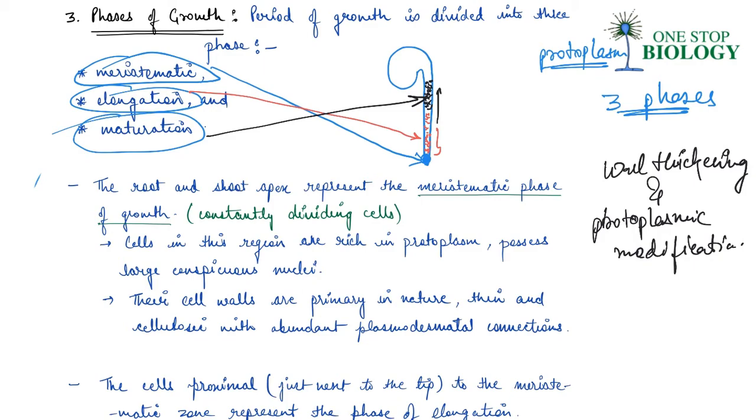That is why cell division is completely stopped here. These cells are not going to divide, they are considered mature cells. This is how the three phases of growth happen in the root tip. Similarly, you can understand the shoot tip as well.